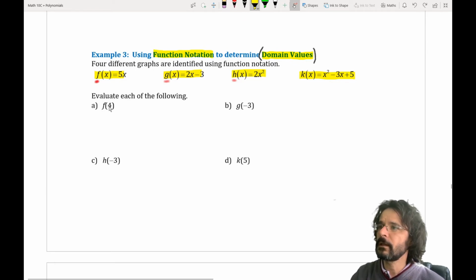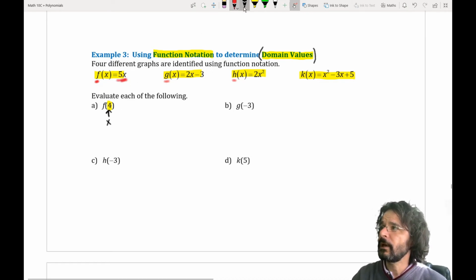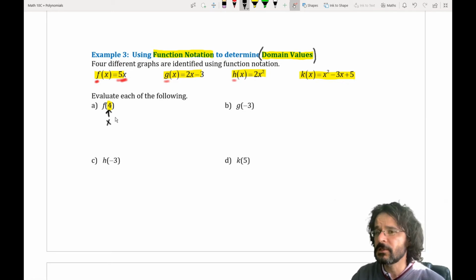The number in here, f of 4, the way you read this is f of 4. This represents the value of x for which we want to evaluate this function. What this means is that we're going to take this and replace the x with 4, or substitute in 4 instead of x.